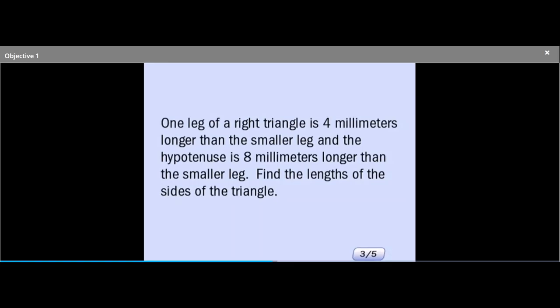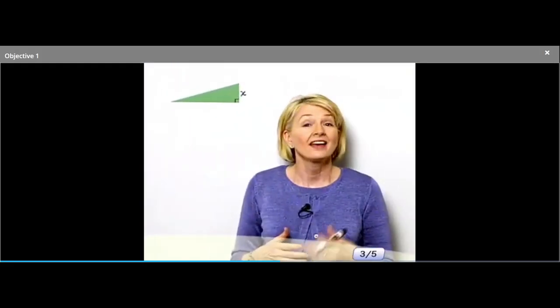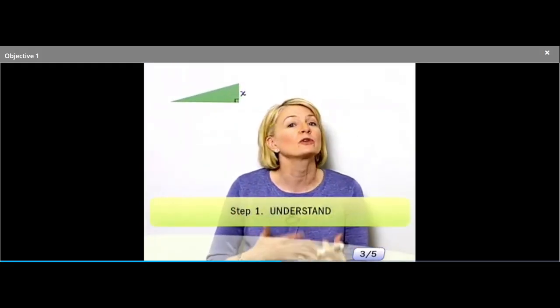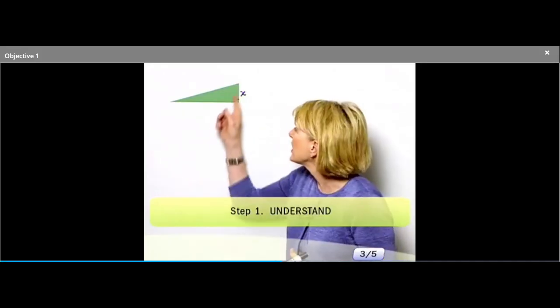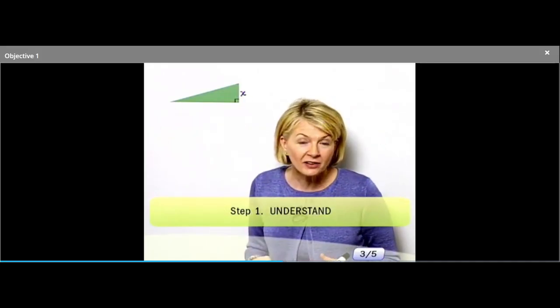I will let x represent the length of the smaller or shorter leg of our triangle. Notice the other leg is 4 millimeters longer, and the hypotenuse is 8 millimeters longer than the shorter or smaller leg.